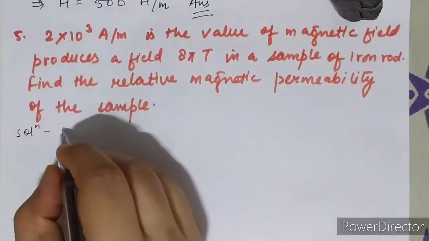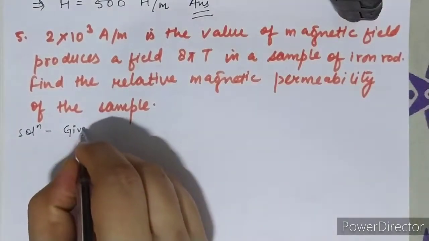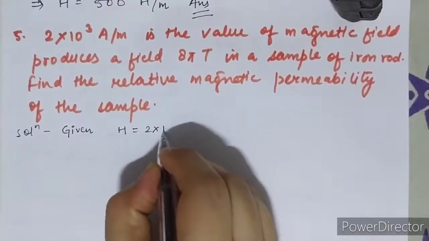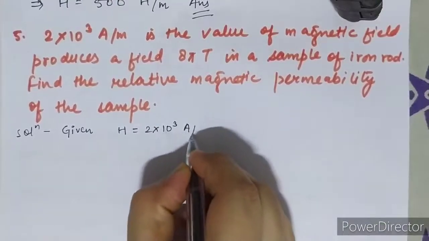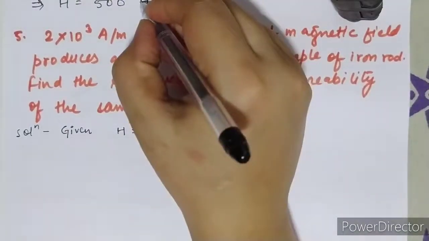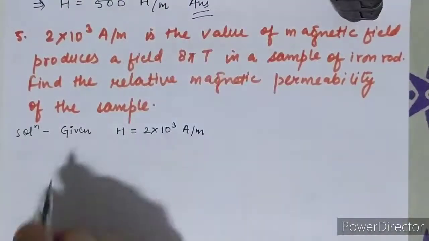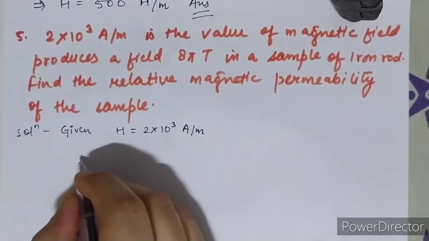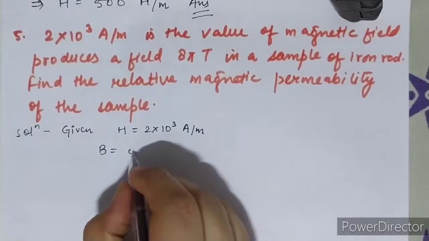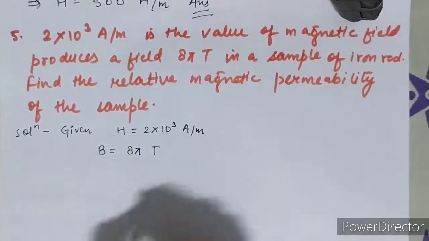Okay. According to the question, the given values are H equals 2 into 10 to the power 3 ampere per meter, and the value of the magnetic field is 8 pi Tesla.